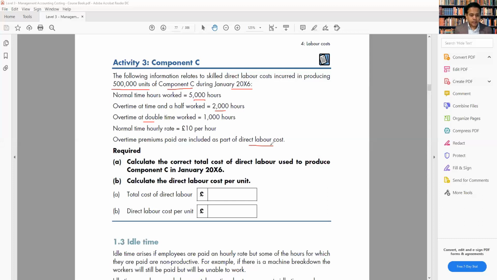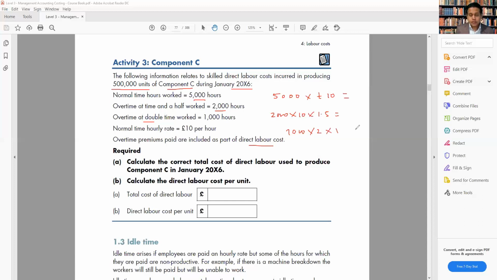So let's say normal rate is 5,000 times 10. And then we have 2,000. They said time and a half, so 10 times 1.5. And we have 1,000, that is double, so 10 times 2.